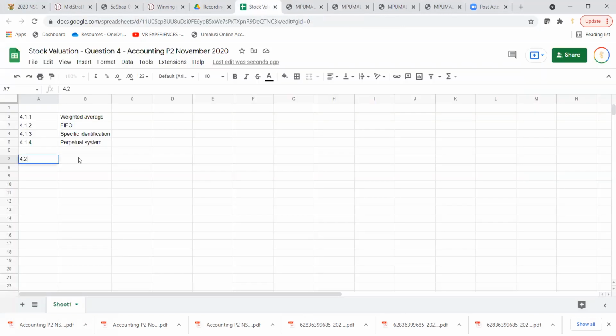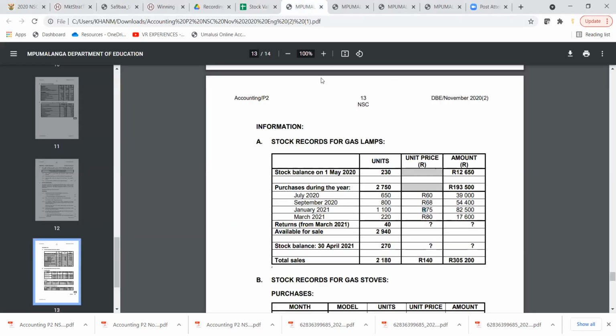So we can have units, unit price, cost per unit, total value. I'm just using the same format over here: units, unit price, amount. So we want 270.